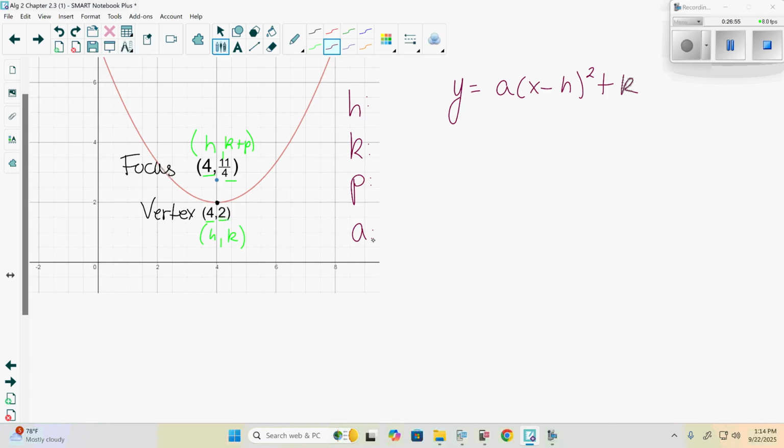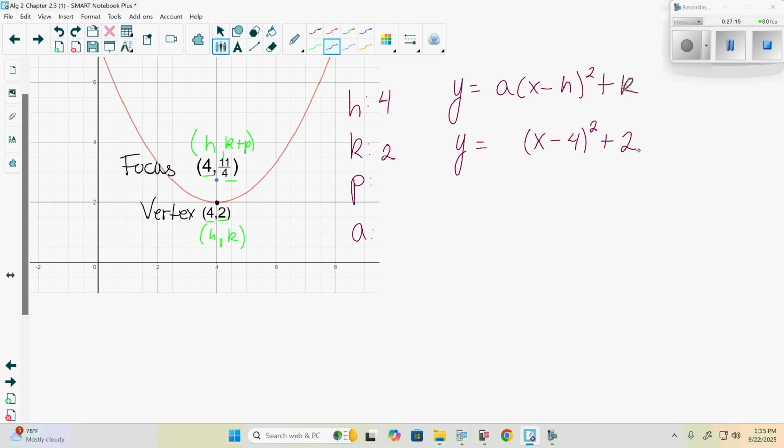H, K, P, and A. H is 4. K is 2. So y equals a times x minus h squared plus k.